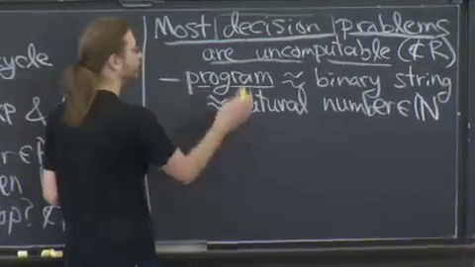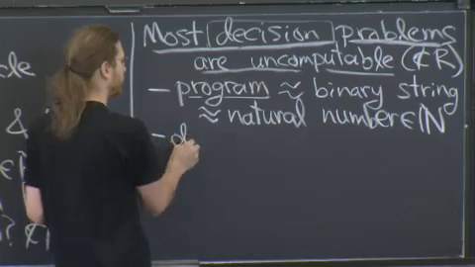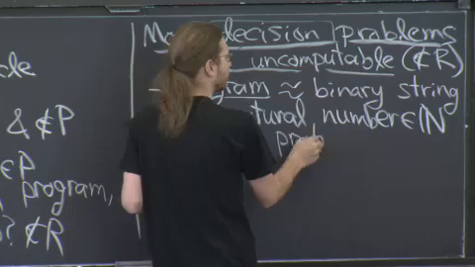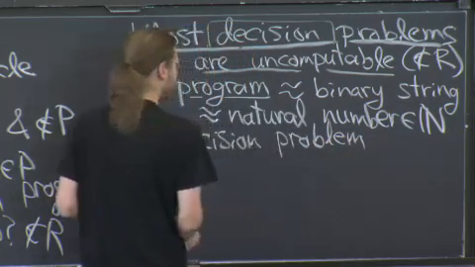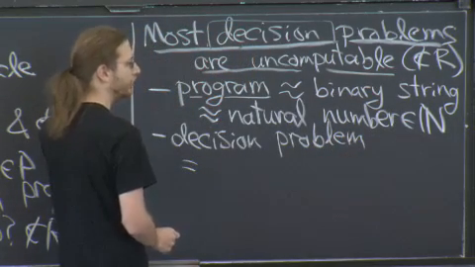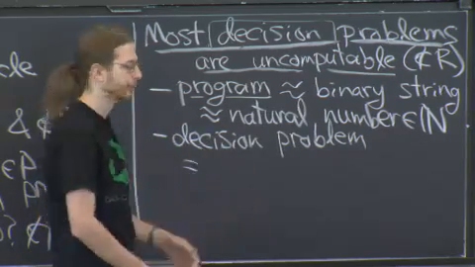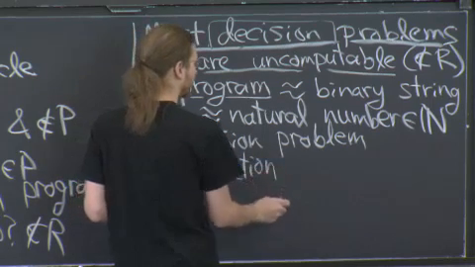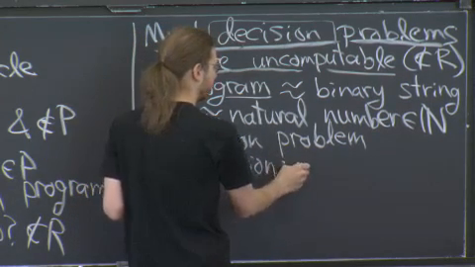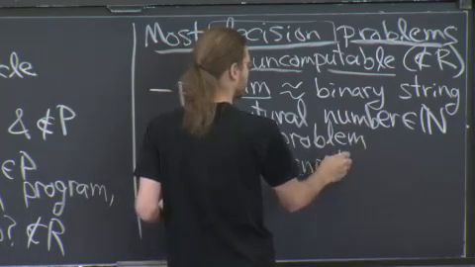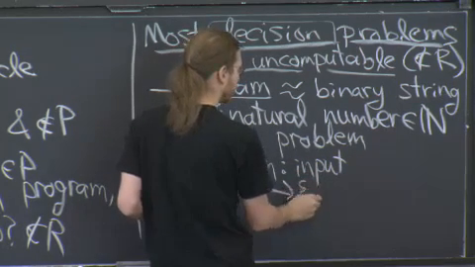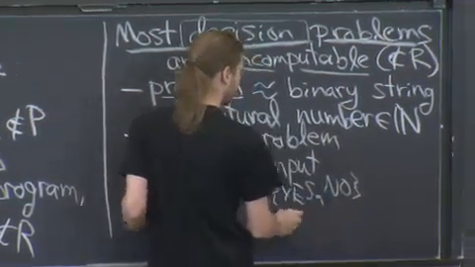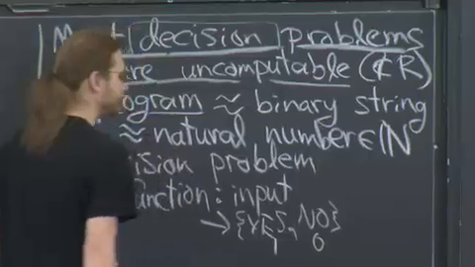Now I want to think about the space of all decision problems. So how can I define a decision problem? Well, the natural way to think of a decision problem is as a function from inputs to yes or no, or you can think of that as 1 and 0.